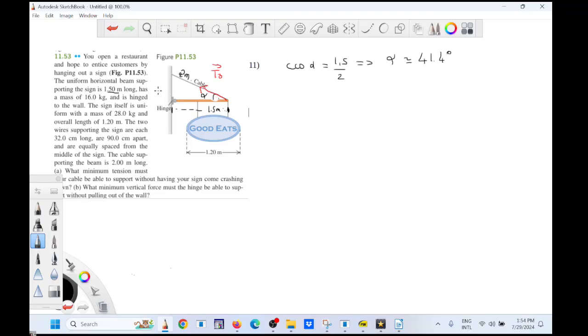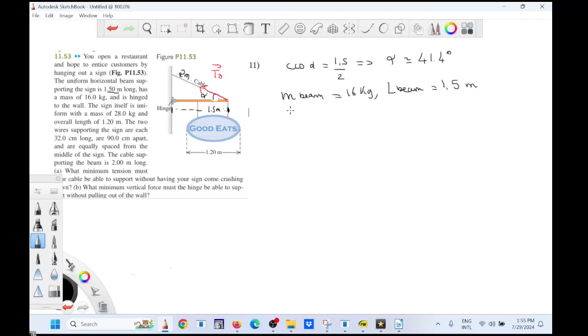This is 2 meters. And then the mass of the uniform beam supporting the sign has a mass of 16 kilograms, it's going to be the beam. So the mass of the beam is 16 kilograms and the length of the beam is 1.5 meters.